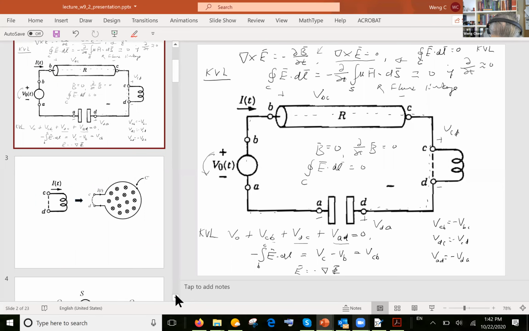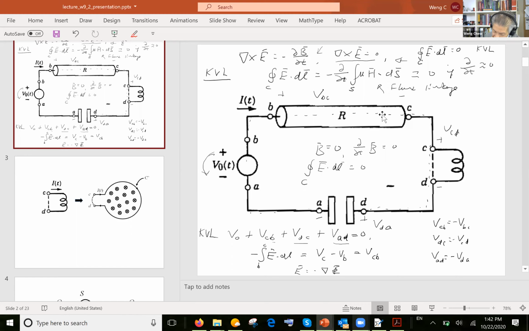Yes? What about the induction effect? Oh, the induction effect is going to be discussed in the next slide. I'm going to integrate on a loop that does not go through the inductor. So this loop encloses no B field.